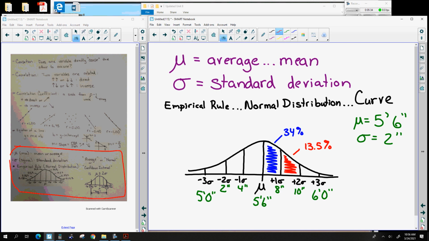And then, knowing multiples of these, you could ask what percentage of the population is somewhere between 5'6" and 5'10"? That would be both of those, and so that'd be 47.5%.